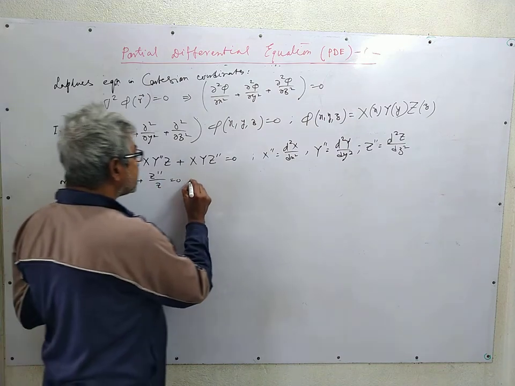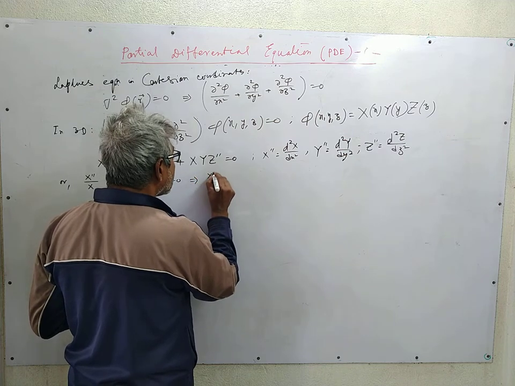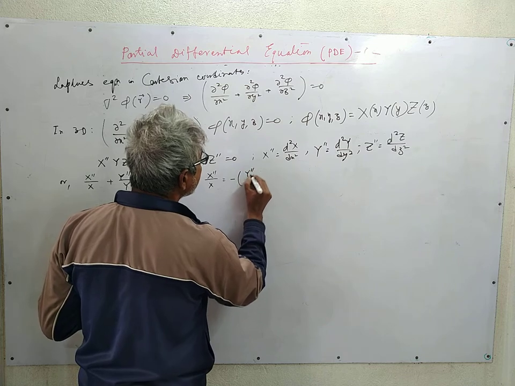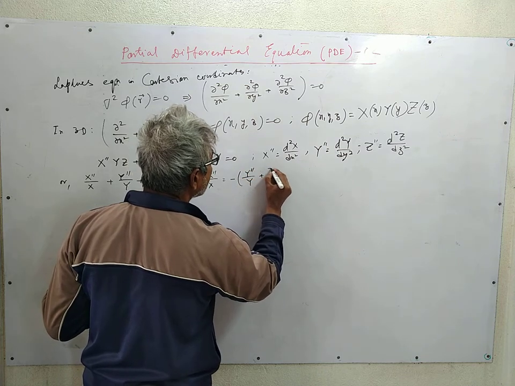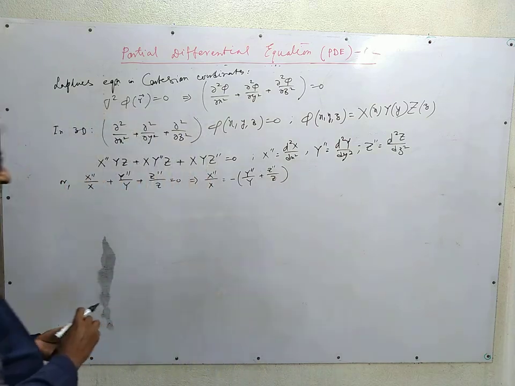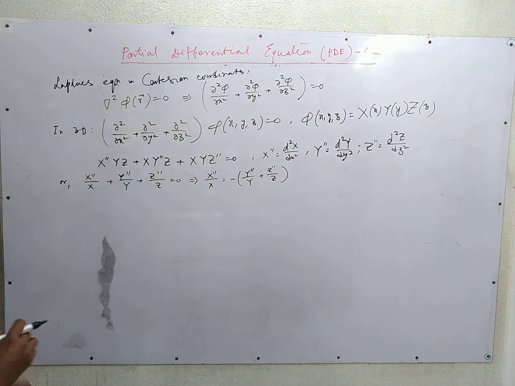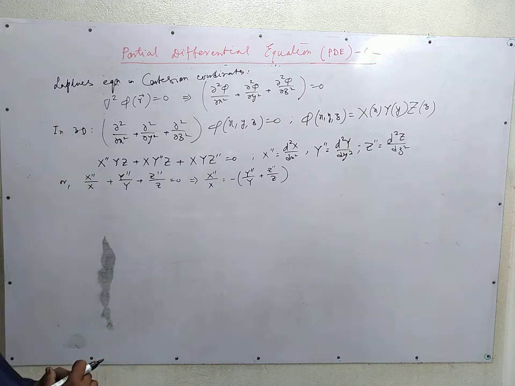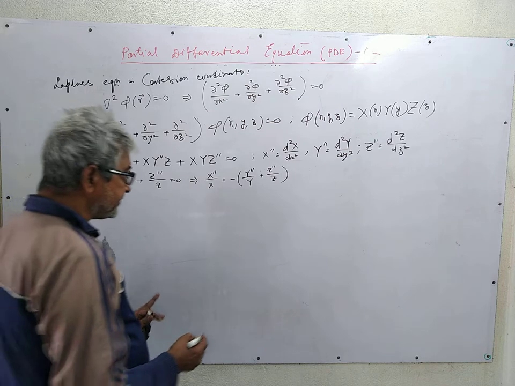If we write it as, the left hand side is a function of x only and the right hand side is independent of x, it depends on variables y and z, and they are the same for all values of x, y, z. So each side must be equal to some separation constant.